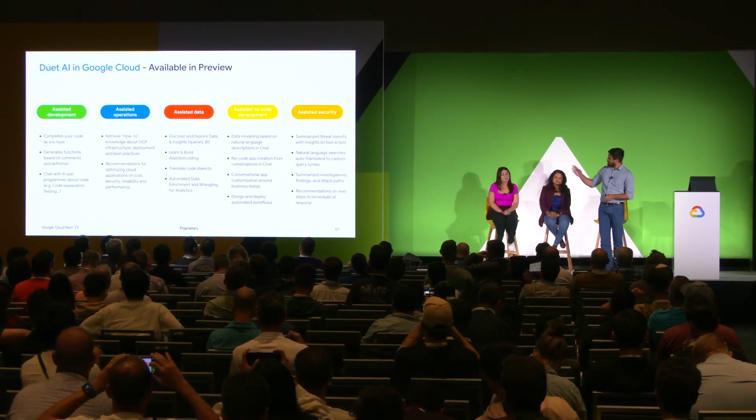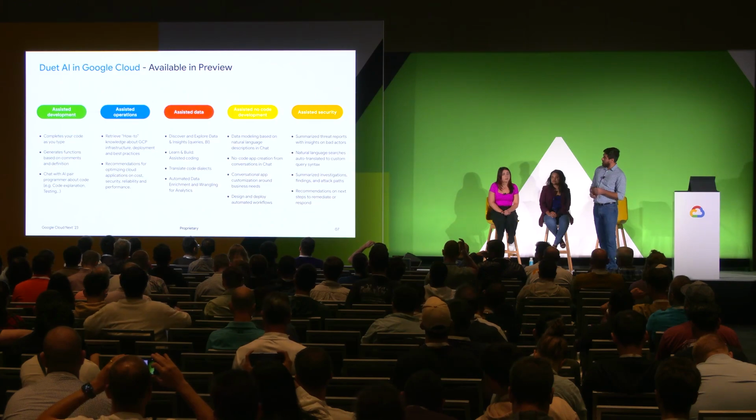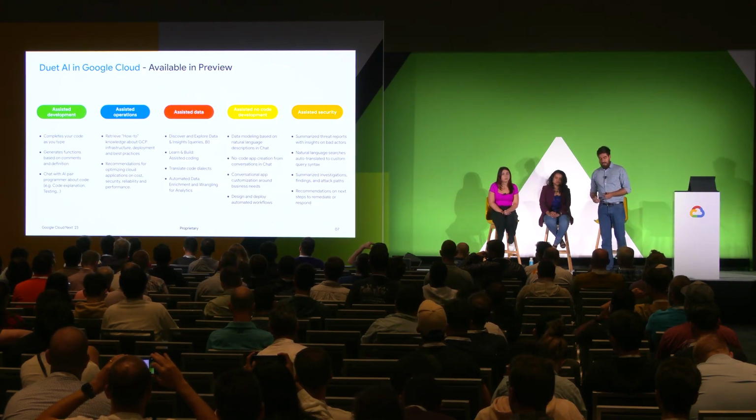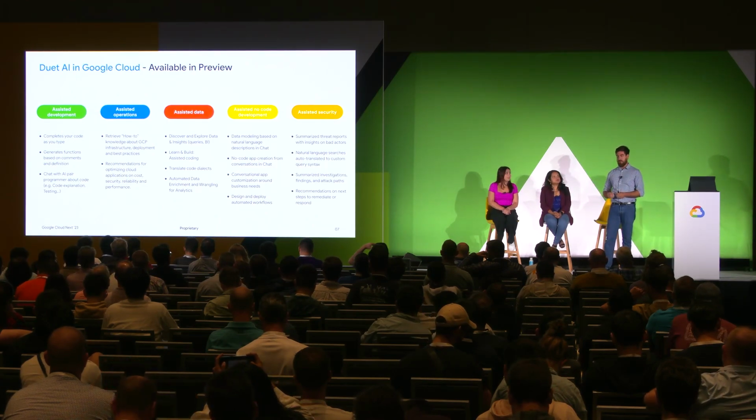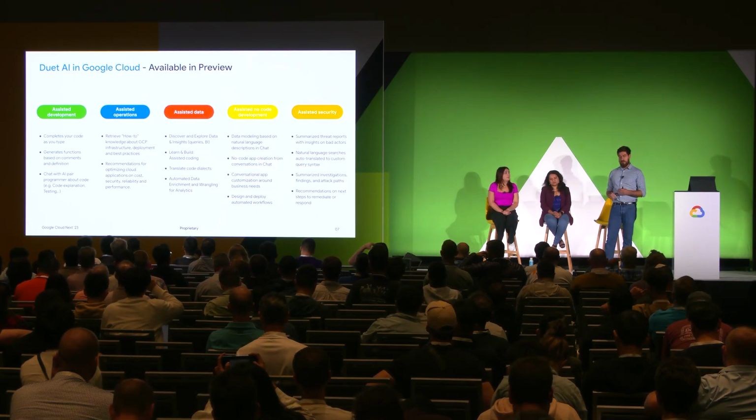Next, the blue one is about assistive operations. The key idea is a chat within the Cloud Console, allowing you to perform tasks typical of operators, such as, help me understand my deployments or my infrastructure via natural language queries, or help me get suggestions for how to optimize for my costs, performance, or usage. That's 2.